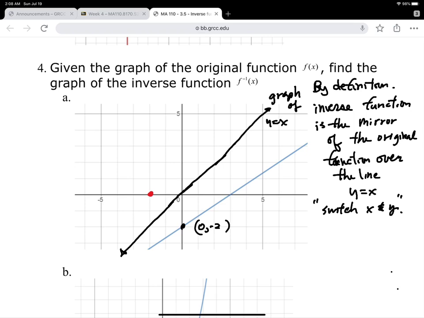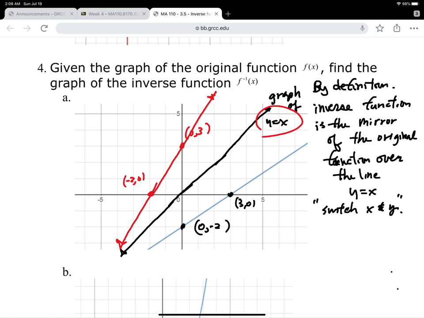This point right here, (3, 0), now becomes (0, 3). And this right here is our inverse. Pretty straightforward. If you want to graph the inverse function from the original function, all you have to do is switch the x and y because of the definition.